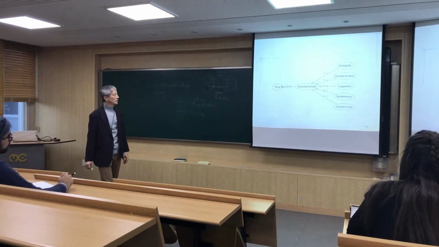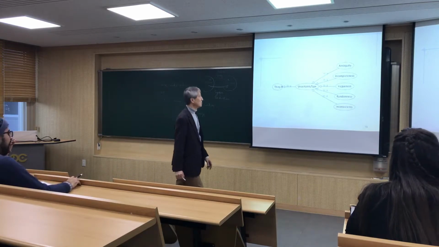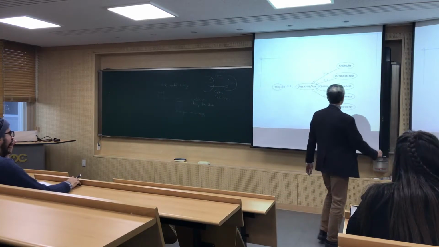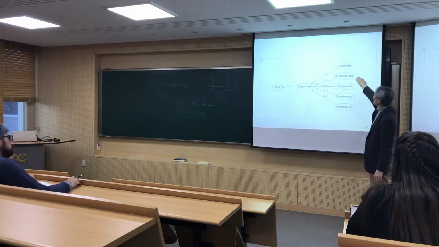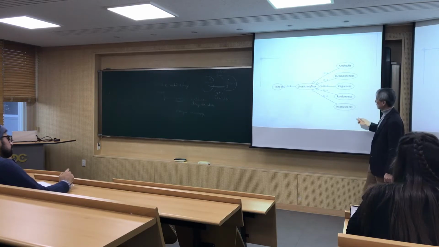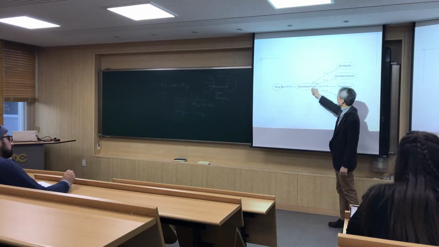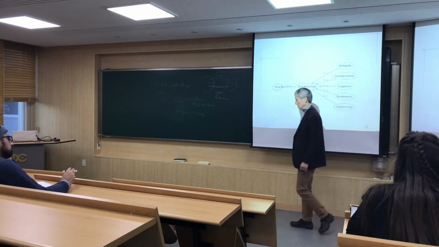So uncertainty can be, we are saying, ambiguity, incompleteness, and inconsistency in this textbook. And there are more: vagueness and randomness. But in this chart, they are saying these are all subtypes of uncertainty.